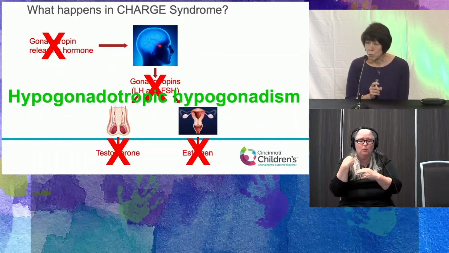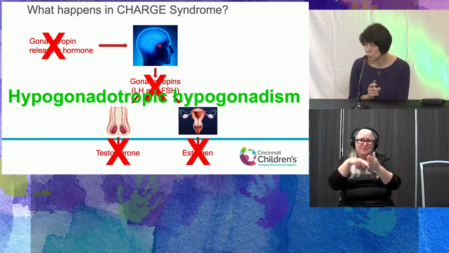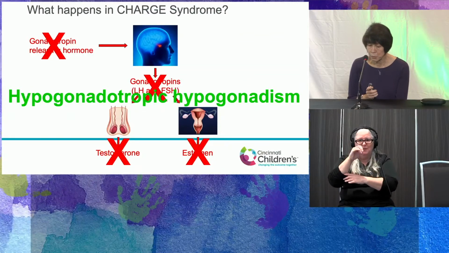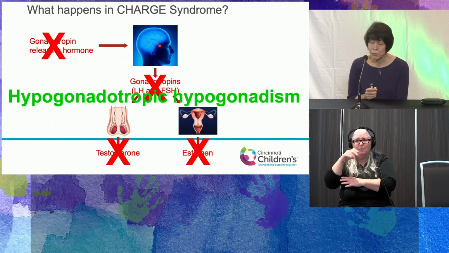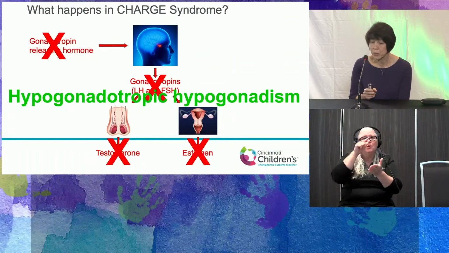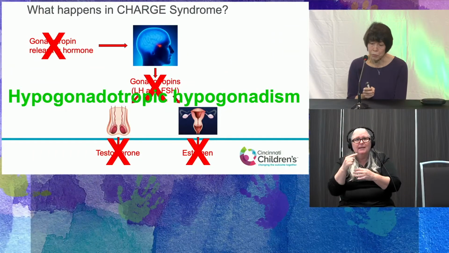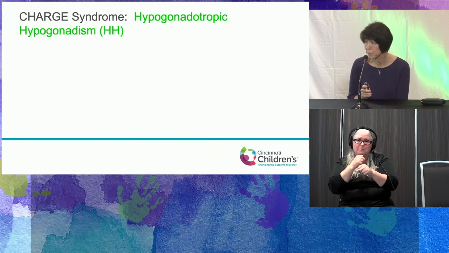There's a really long word that sometimes you may read about. It's called hypogonadotropic hypogonadism. Hypo means low. Gonadotropic refers to the hormones from the brain, the gonadotropins. And hypogonadism just means that the testicles or the ovaries, in other words the gonads, are not producing enough sex hormones.